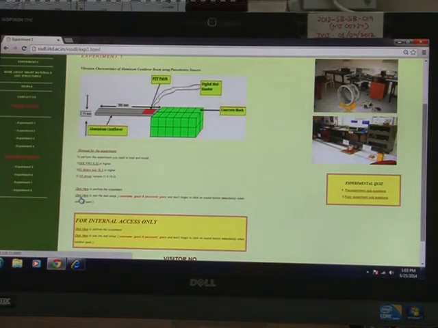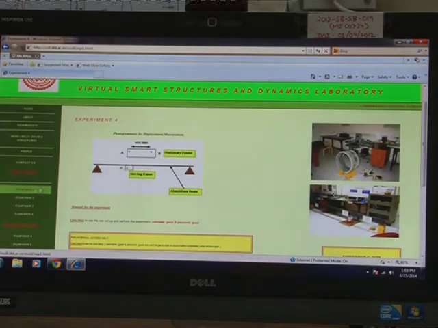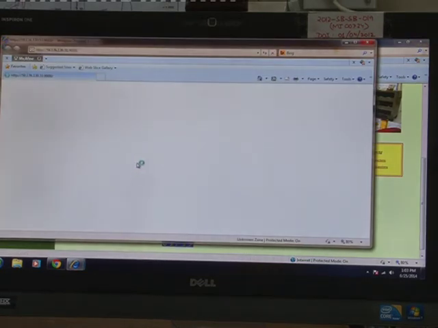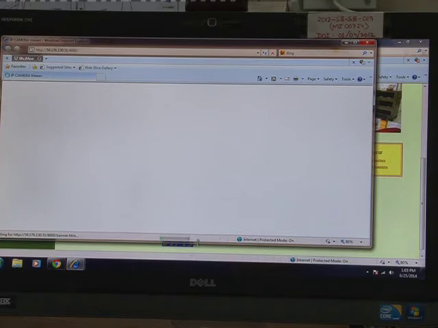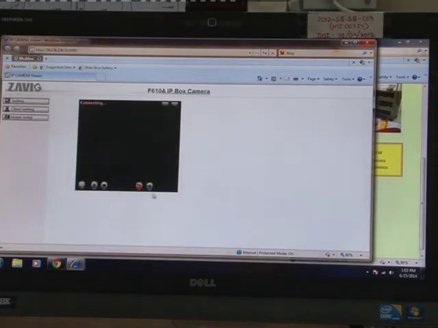Another thing I would like to add is that for viewing the real setup of this experiment, it is recommended that the user opens this link in Internet Explorer. So, for experiment 1, when the user clicks this link, switch on the sound of this setup.